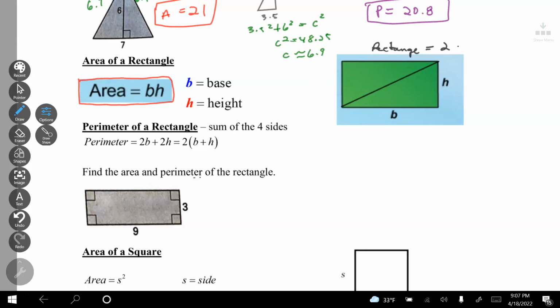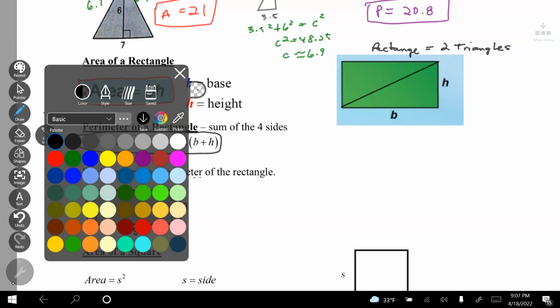It's really 2 right triangles. So the area of a rectangle is just area of 2 triangles. So that's where we get 2 times 1/2 base times height, and we get base times height. And the perimeter is adding up the 4 sides, which is 2 bases plus 2 heights, or 2 times the base plus the height.